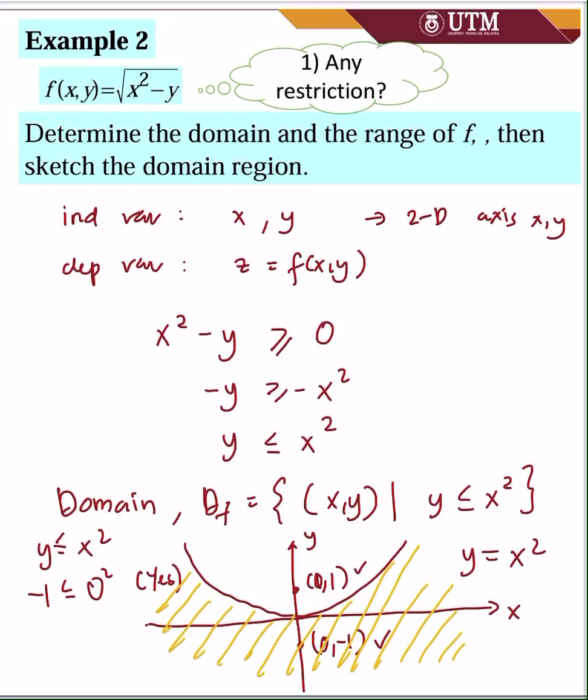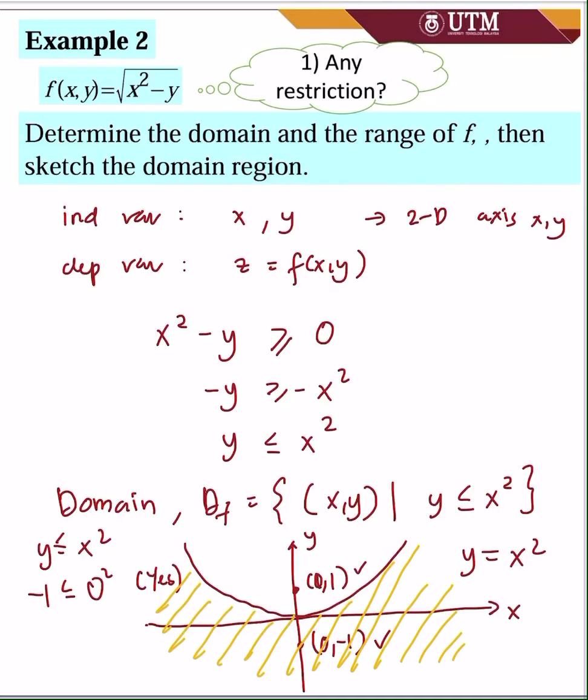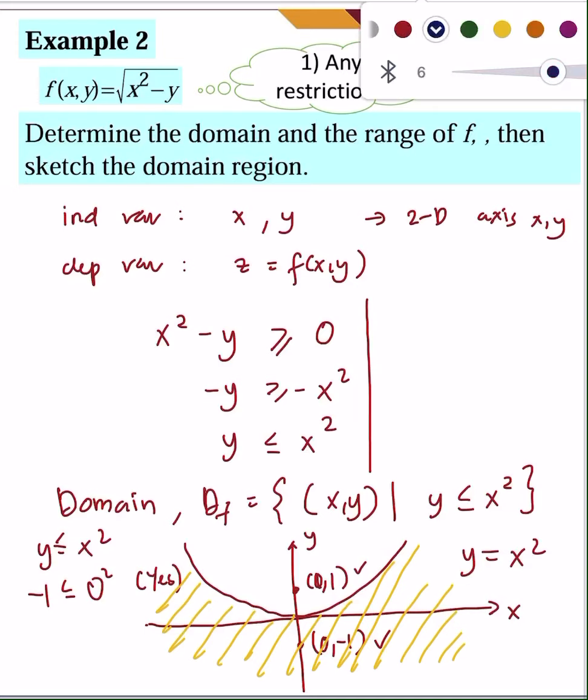Now what would be the range for this? Just now we have that it can be any point for y that is less than or equal to x squared. Let's use a different color.